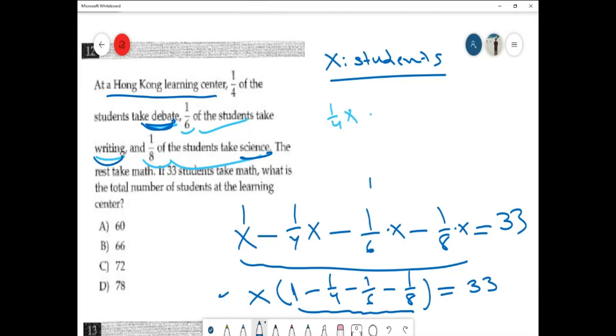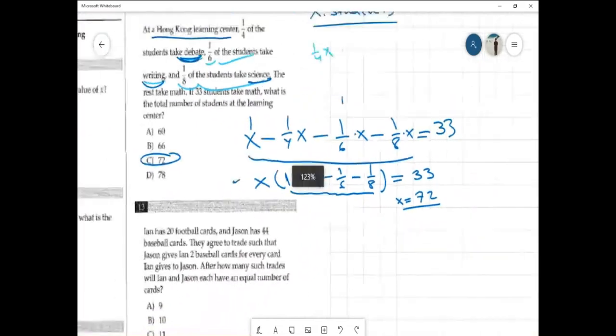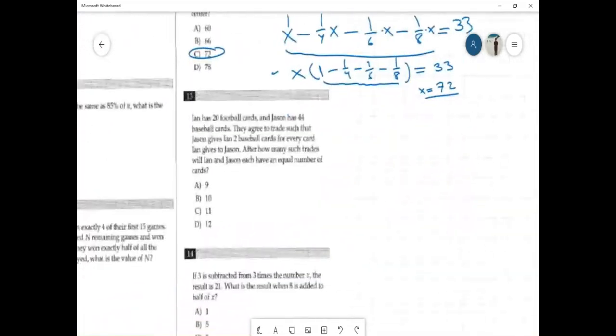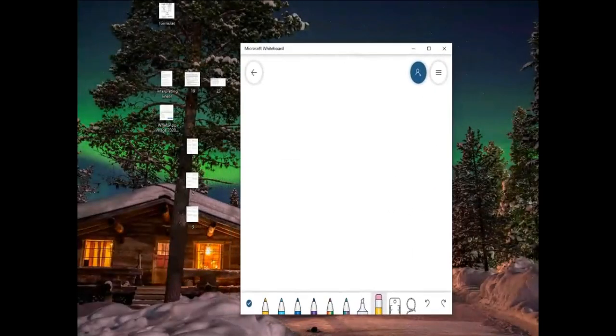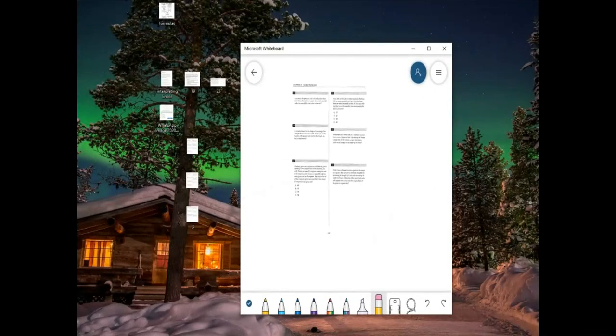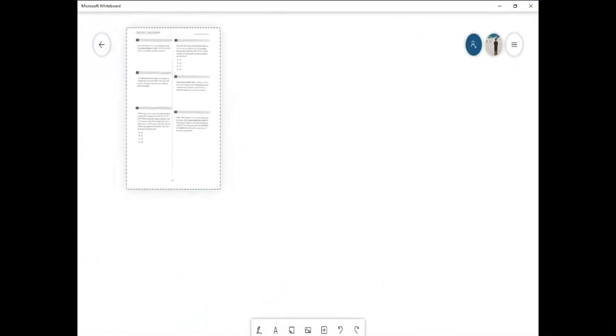Then when I take x as common, here will be 1 minus 1/4 minus 1/6 minus 1/8 equals 33. And 11/24, when you do the math and calculate this number, x will be what? 72.